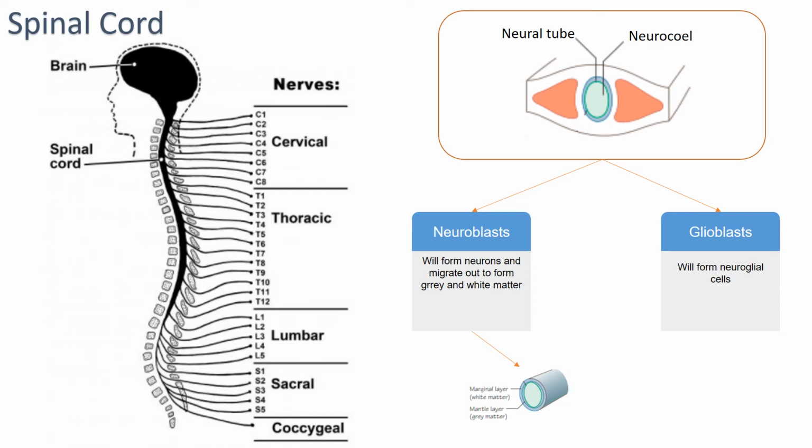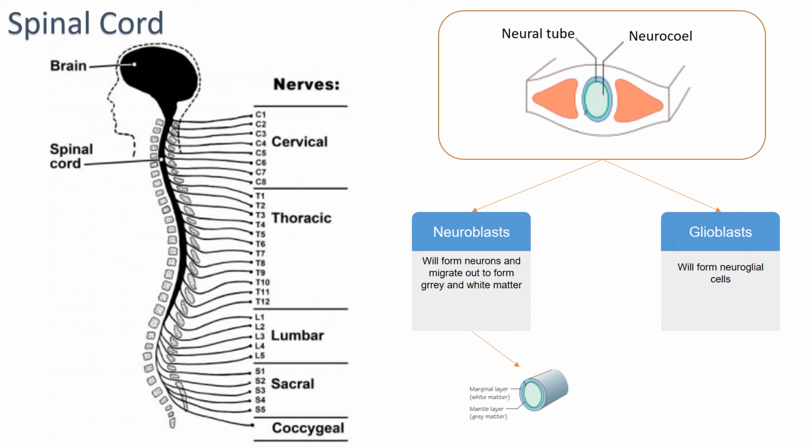But it is worthwhile to note here that from roughly around day 20 of development to about day 35 of development, the meninges will start to develop from cells of the neural crest and mesenchyme, and these cells will migrate and start to surround the neural tube to form the primordial meninges, with the outer layer ultimately thickening to form the dura mater, and the inner layers forming the pia mater and the arachnoid mater.